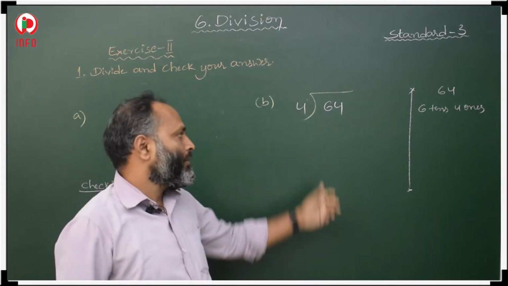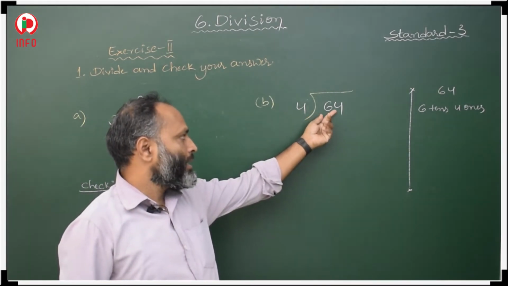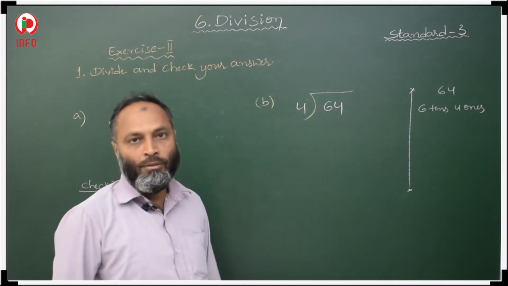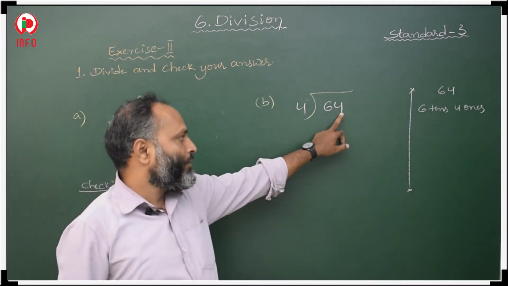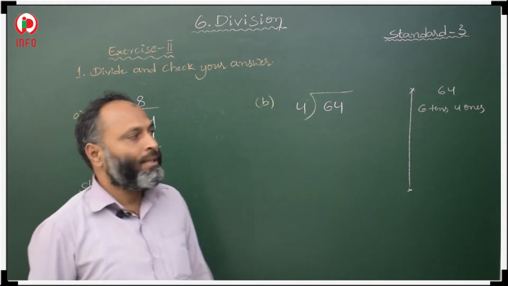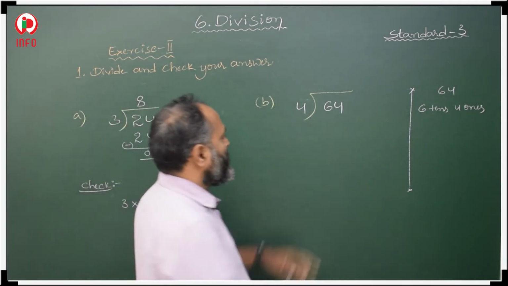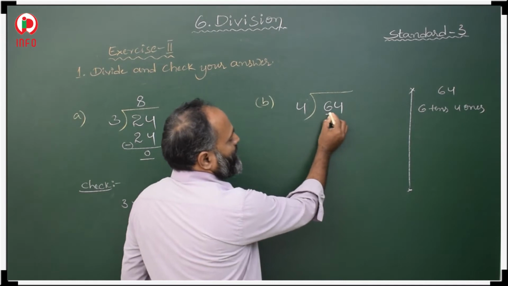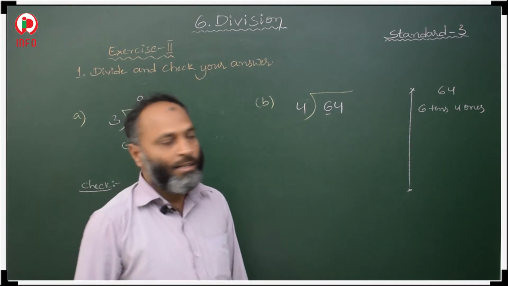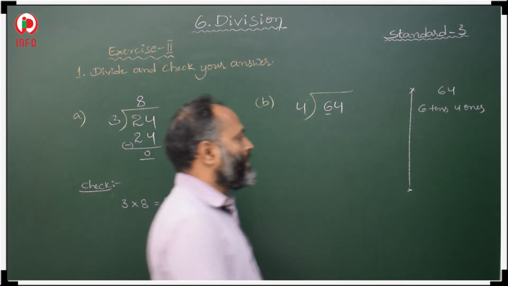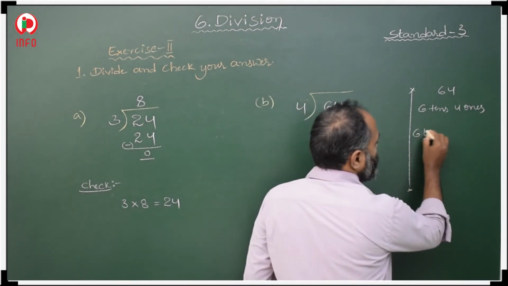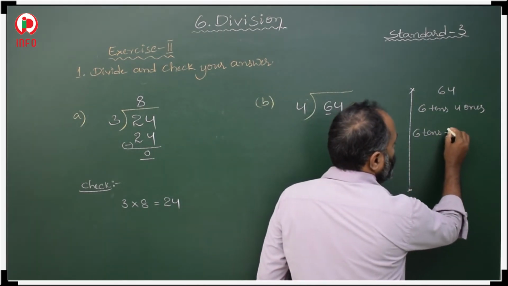Compare 6 with 4. This 6 is bigger than this 4. No need to take this 4, so we only have to take 6. In 64, this 6, 6 tens, we have to divide by 4.